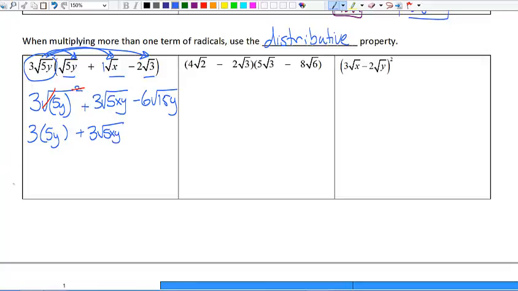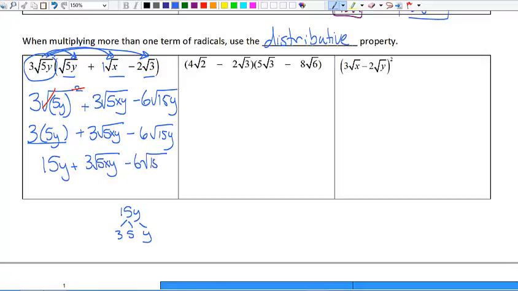And 15y, 3 and 5, they don't have any groups, so they're going to stay the same as well. The last thing I can do is just multiply on the first term to get 15y plus 3 times the square root of 5xy minus 6 times the square root of 15y.